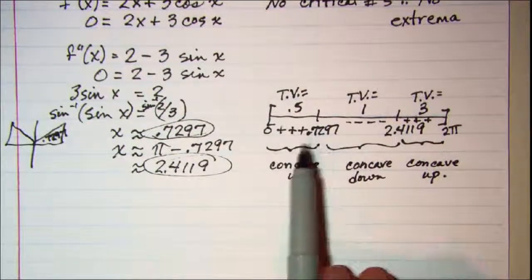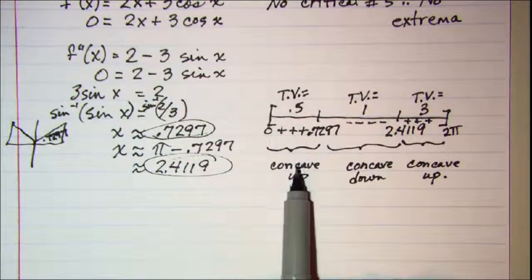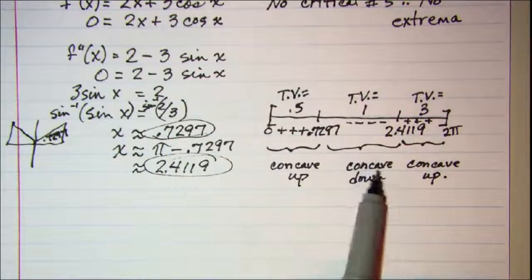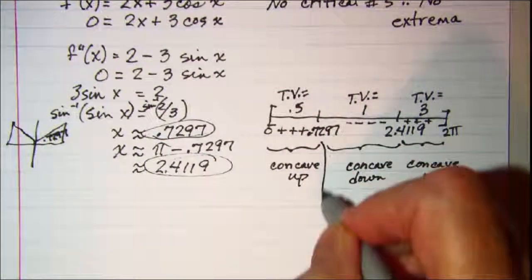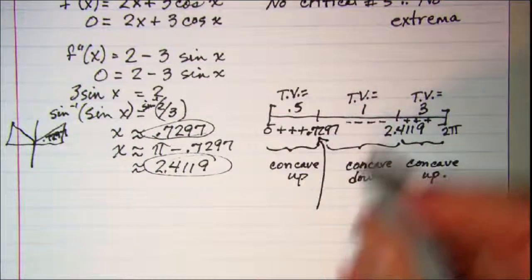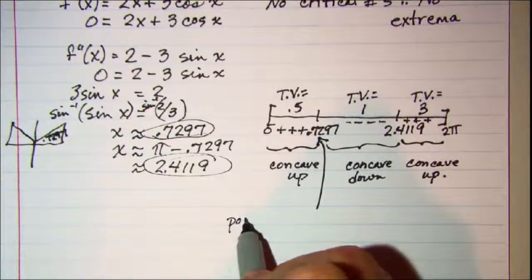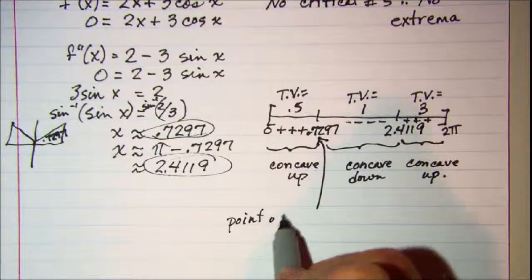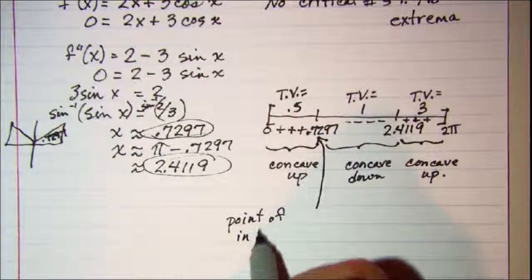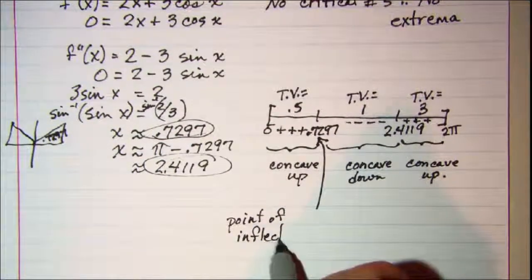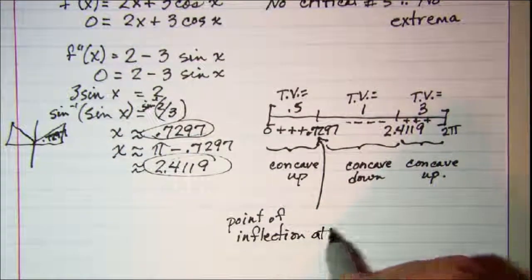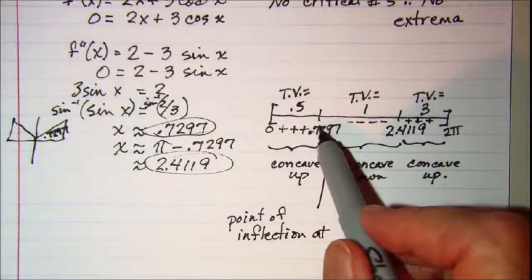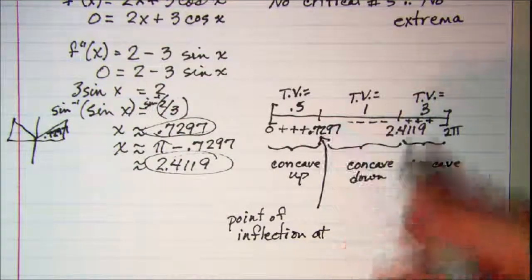So whenever our concavity changes from concave up to concave down, then we have a point of inflection. So we have a point of inflection at 0.7297.